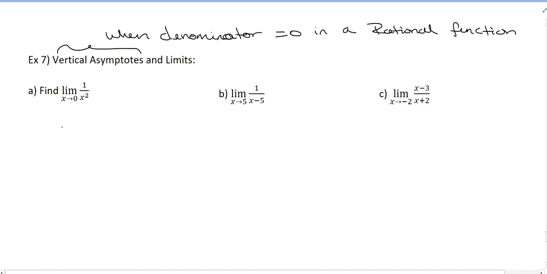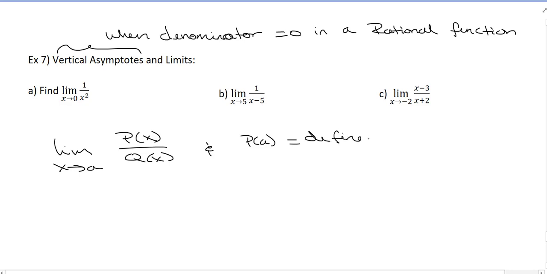And what that means is that when you take the limit, so if you have the limit as x goes to a of a function, say like p of x over q of x, and p of a is some number, so it's defined and not equal to 0, and q of a is 0.